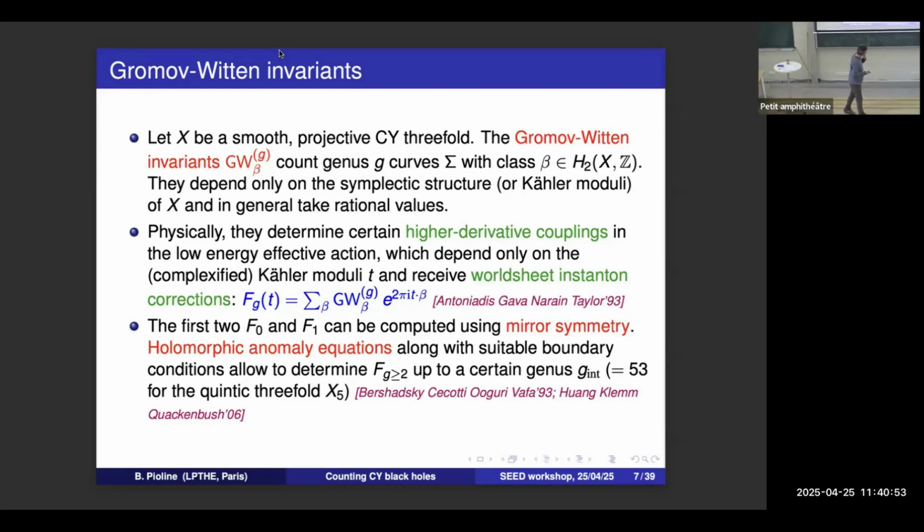They have to do with, well, maybe I should not go into too much detail, but yes, it will come a bit later. And currently, there is a maximal bound, which for the quintic would be 53, where you just run out of constraints. And unless you have an alternative way of computing this, you would just stop. And part of what I'm going to explain is a way to overcome a little bit that constraint.